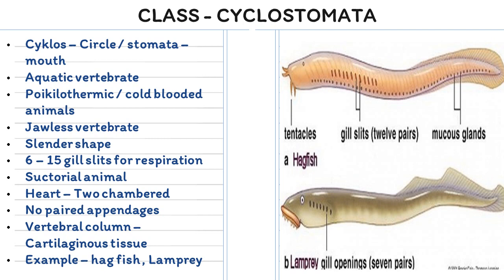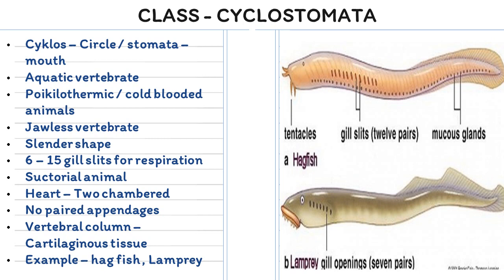Then it is a jawless vertebrate. There is no upper jaw or lower jaw for these animals. Then 15 gill slits for respiration are there. Gill slits are marked in this figure. Around 15 gill slits are present. Then it is a suctorial animal. Suctorial, you can understand from the word suck, is its feeding type.